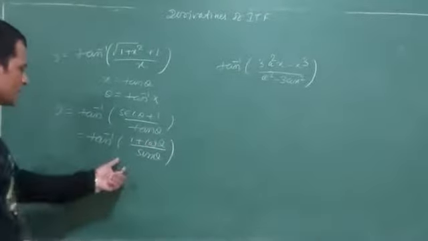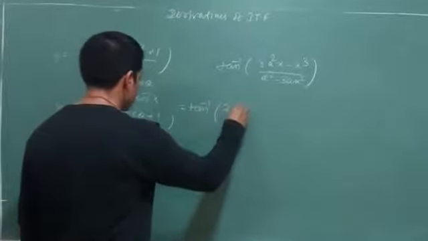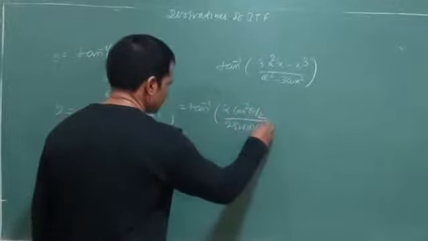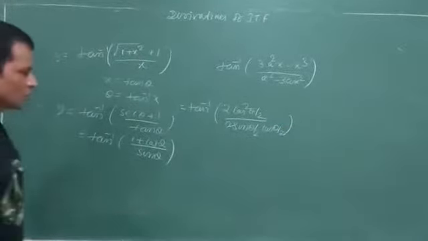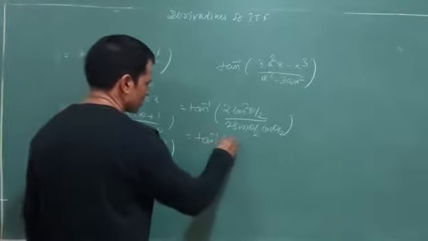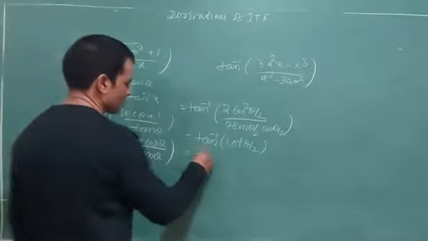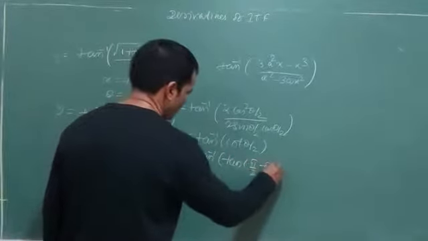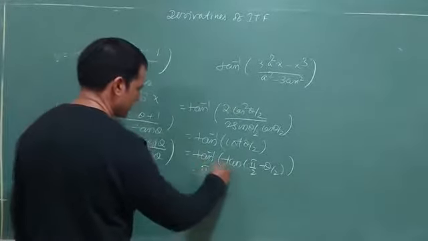I get it into the format: tan inverse 2 sin square theta by 2 divided by 2 sin theta by 2 into cos theta by 2. Clear? The 2 cancels out, sin gone, tan inverse of tan theta by 2. Tan inverse tan gives you theta by 2.